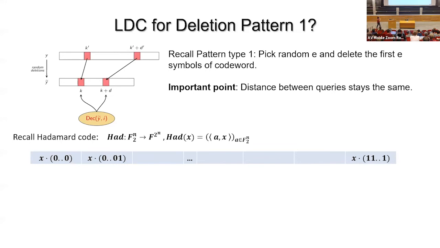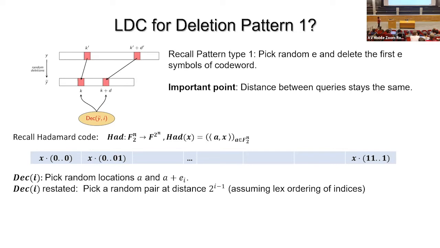So one question we might ask is, for this simple deletion pattern, can we build some locally decodable codes? And it turns out that Hadamard actually gives us a solution here, because if you recall the previous local decoder, one can restate it as follows.